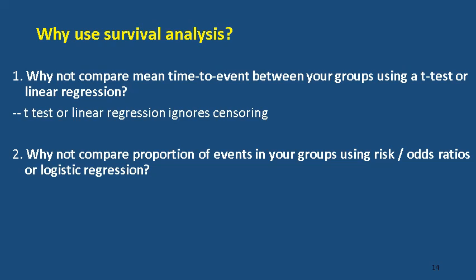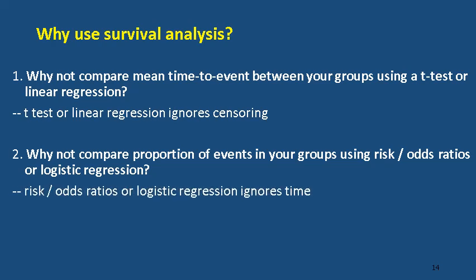Why not compare the proportion of events in your groups using risk ratio or odds ratio or logistic regression? You may be thinking of the risk of development of the event or outcome in each group. But risk ratio, odds ratio or logistic regression ignores time.